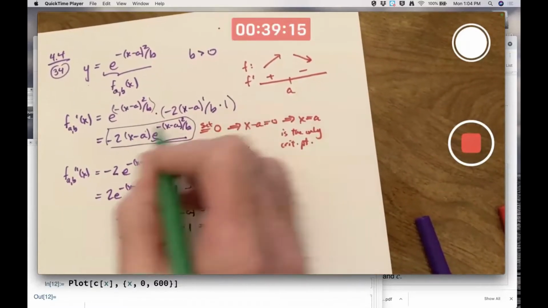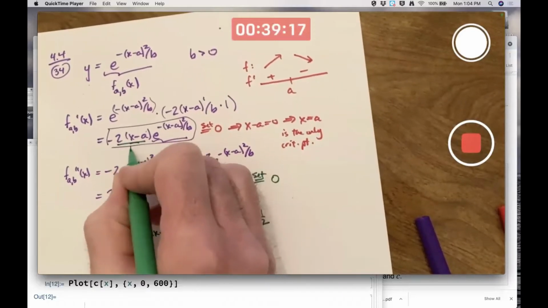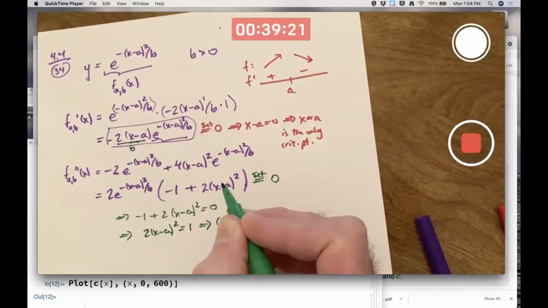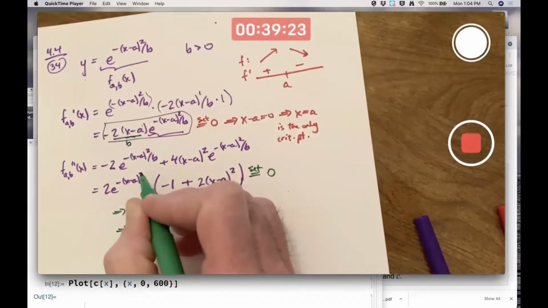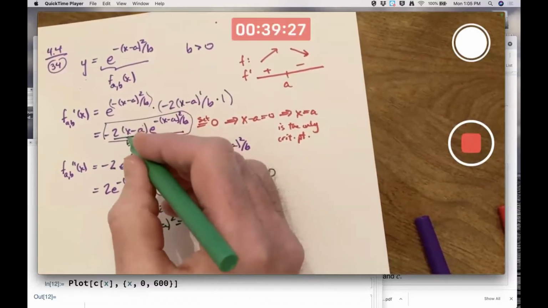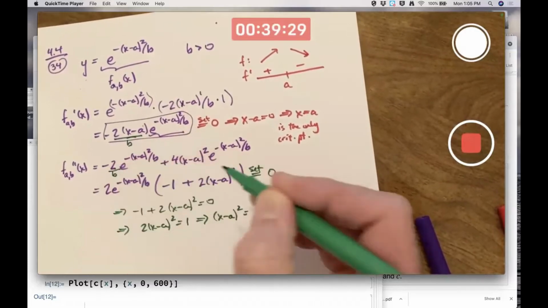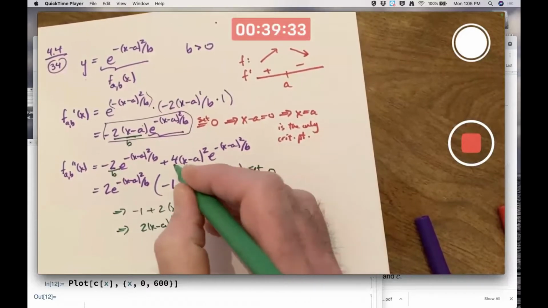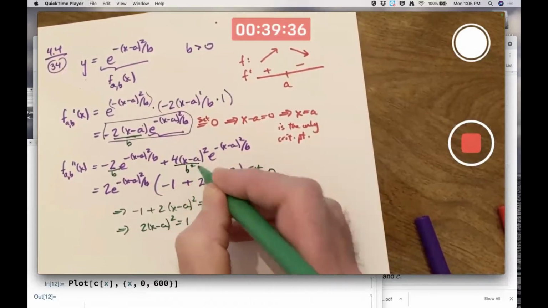Here, I had it here, but then I forgot about it. The b is there. Divide by b. And it also needs to be in these spots as well. So let's see here. It would be a divide by b here. And there'd be a b squared here.